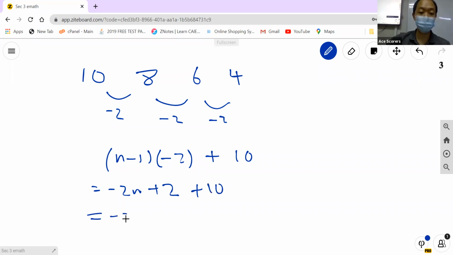So it's negative 2n plus 12. You see that? If you put n equal to 1, it's 10. n equal to 2 is 8. n equal to 3 is 6. It always works for this type, when you keep adding. It's only for adding.